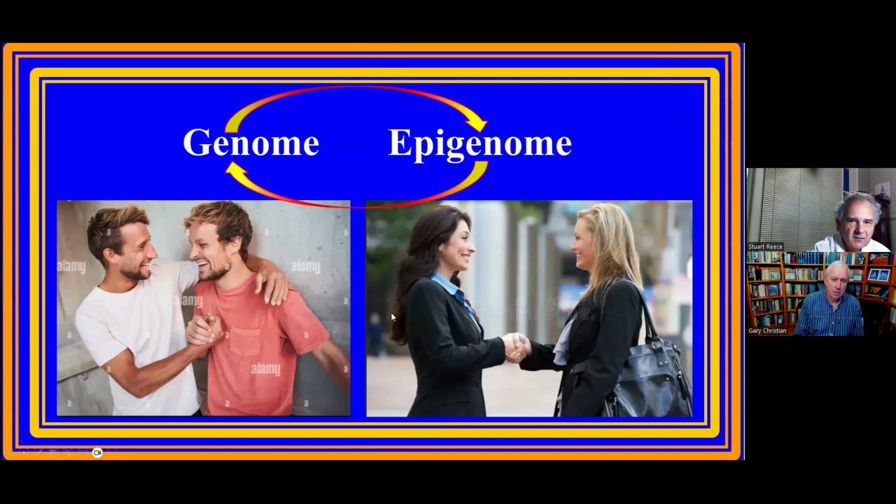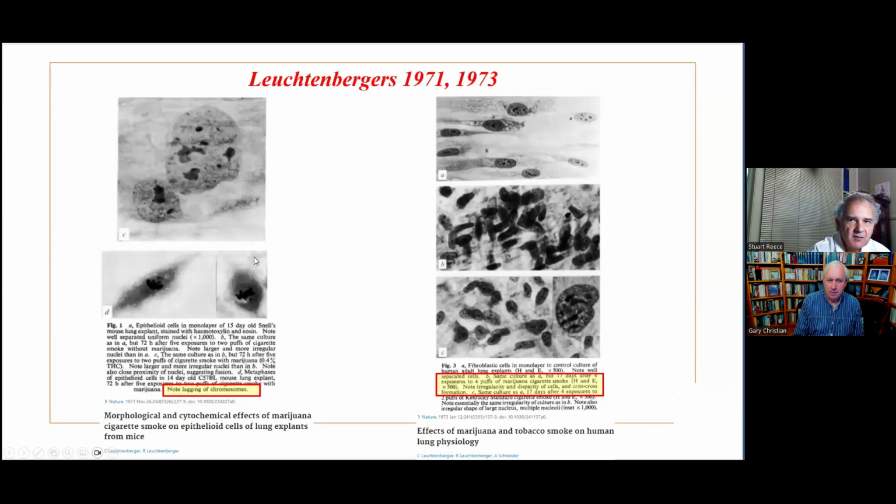Computers have hardware and software, and your computer won't work if the hardware is damaged or if the software is damaged. But the hardware and the software interact, because the hardware controls the software and the software controls the hardware. So it's very much a two-way street between the genome and the epigenome. That's what this picture of people meeting shows: the genome and the epigenome interact.